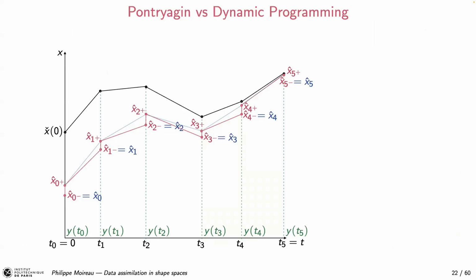You start from there, you correct to take into account the observation, then you follow the model, you correct, you follow, you correct, you follow. And the blue trajectory, which corresponds to only the correction point or the prediction point, should converge to this value as time goes to infinity.